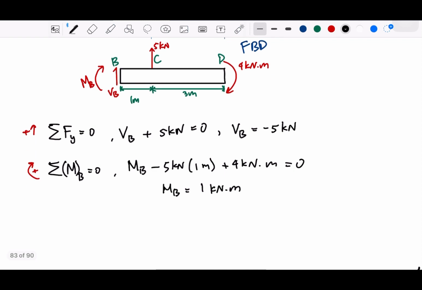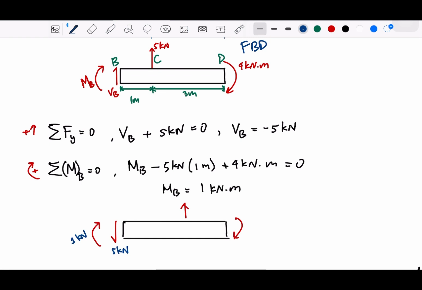So the actual graphs for our solutions. So this is just a simple question. So our components, the force should be going down.